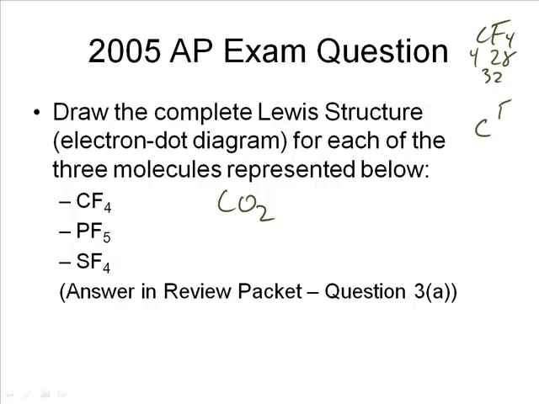So we put 1 atom in the middle, put the fluorines around it, place a single bond between the central atom and the outer atoms, and then I complete the octet for the outer atoms.